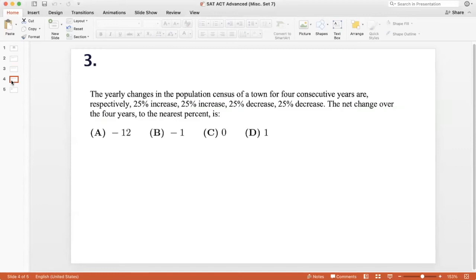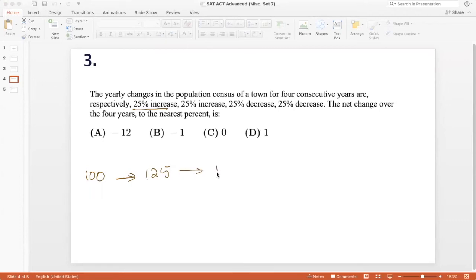Question 3. The yearly changes in the population of a town for 4 consecutive years are respectively 25% increase, 25% increase, 25% decrease, and 25% decrease. The net change over the 4 years, to the nearest percent? So let's say we start with 100, right? After the first year of 25% increase, population becomes 125.